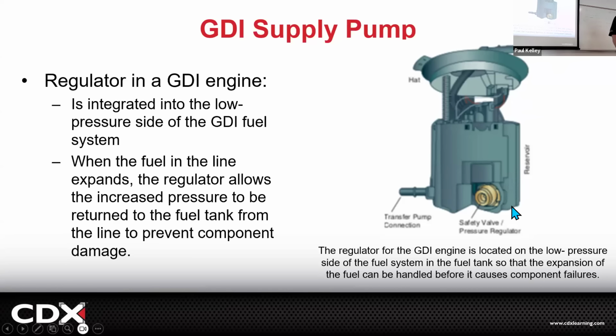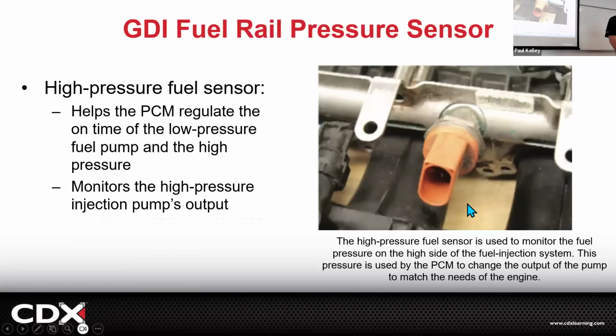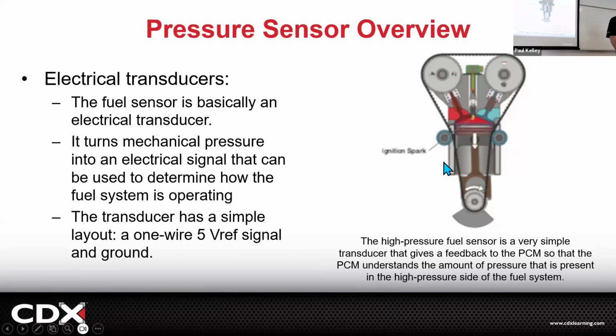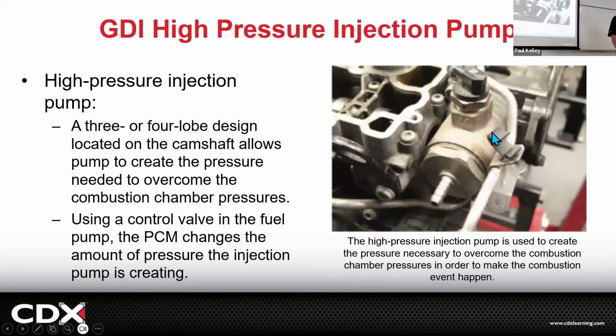It may have a pressure regulator, which may dump it right off into the tank, but then it's going to get up here. There's your high fuel pressure sensor, kind of similar, which is a transducer, but we're really going after this bad boy. This bad boy is going to get your transfer pump, or your supply pump, is going to send whatever fuel volume to this.